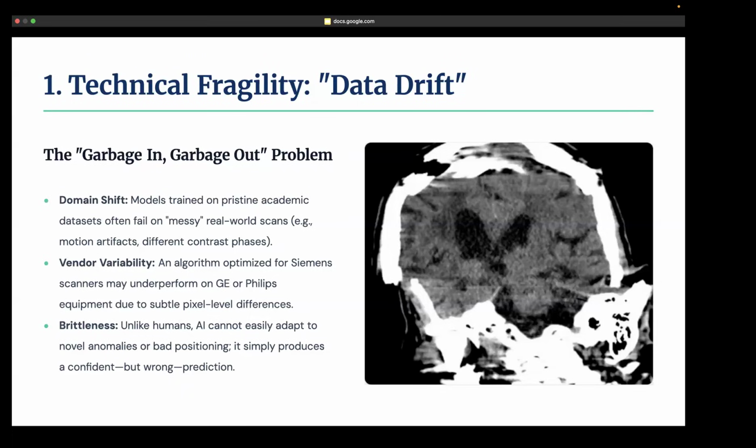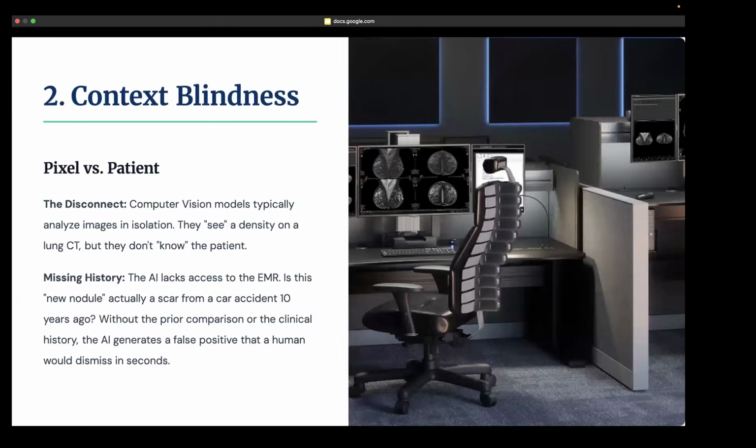So that's another issue. The other issue is AI also cannot adapt to novel anomalies or bad positioning. It might just tell you, like I said, confidently that this is a brain bleed, but it would be the wrong prediction.